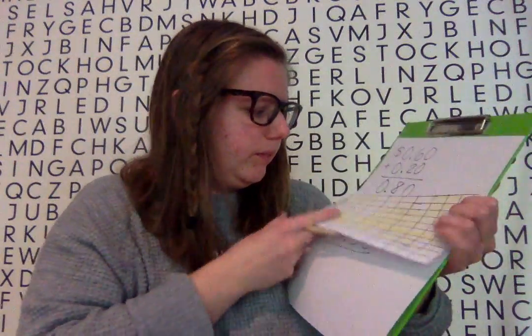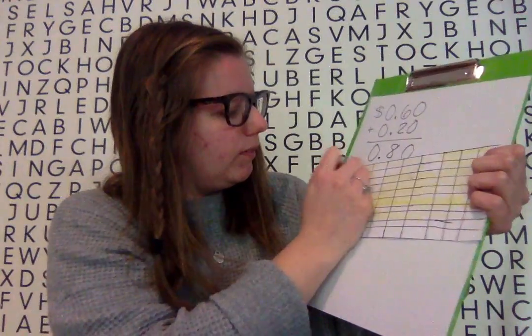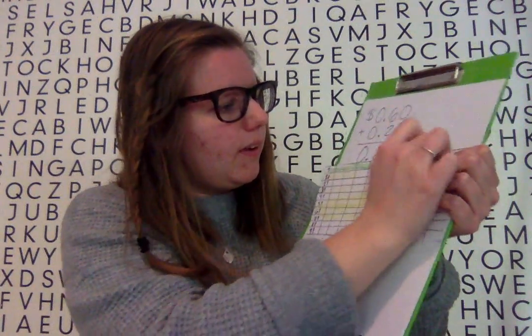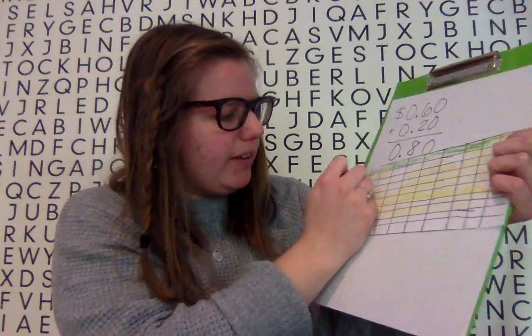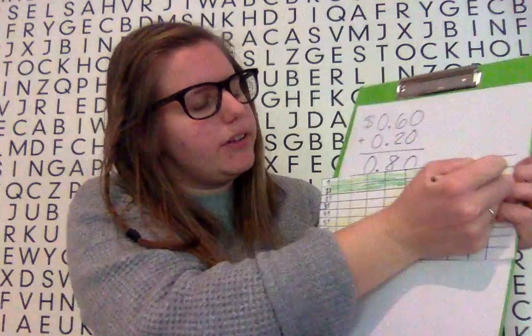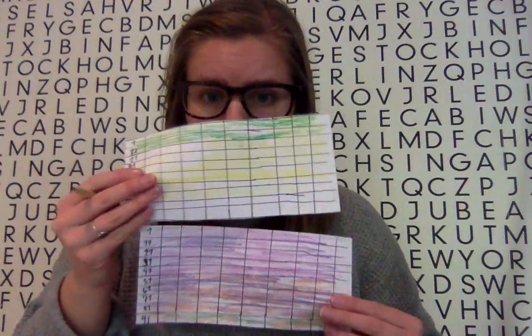I'm going to then have 40. And 50. So we're just looking at the green and purple colors. So let's see. I have one whole dollar colored in and a part of another dollar.